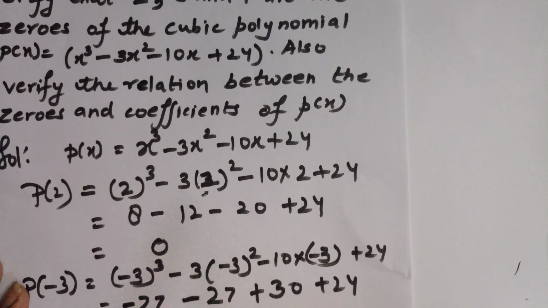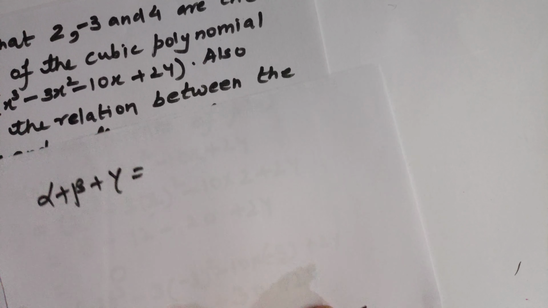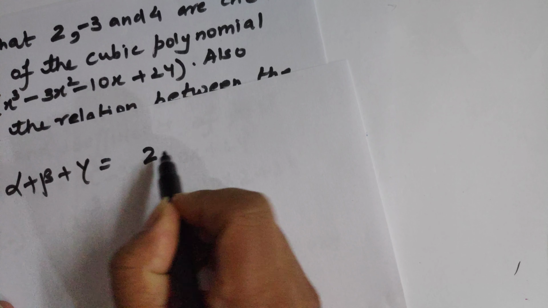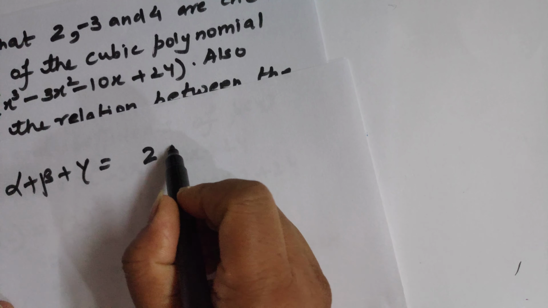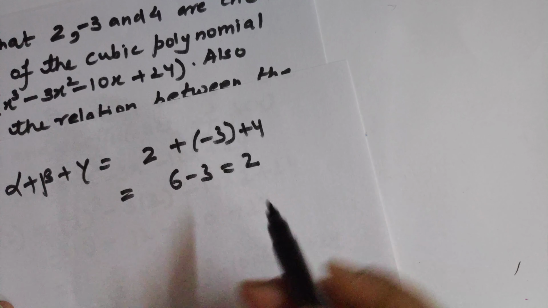Now we have to verify the relation. So how could we verify the relation? We know the relation for alpha plus beta plus gamma, which we need to find first. So alpha plus beta plus gamma is 2 plus -3 plus 4, that is equal to 6 minus 3, that is 3.